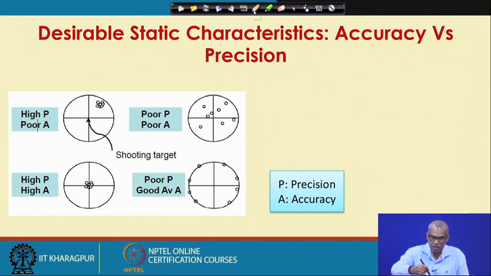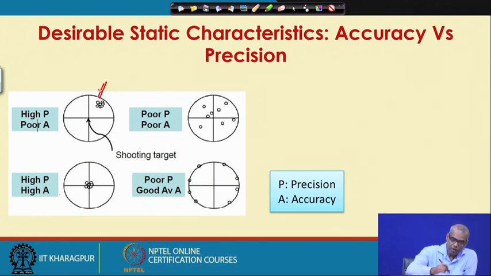Now, let us consider that you are doing a shooting exercise. You have been given some bullets and you have been asked to hit this target.